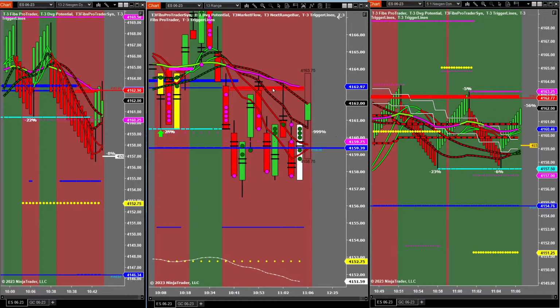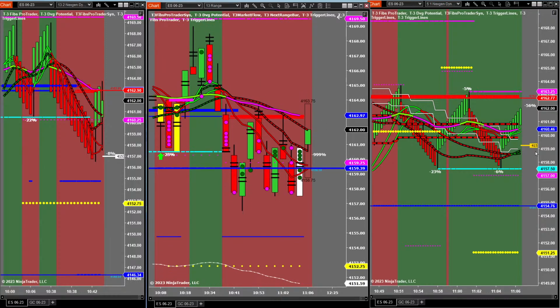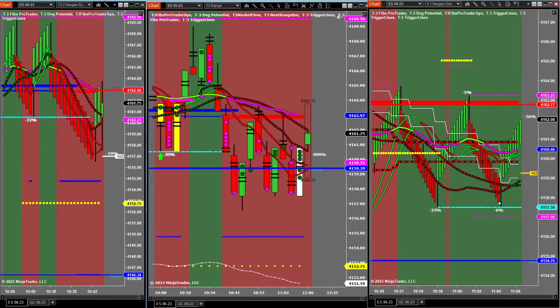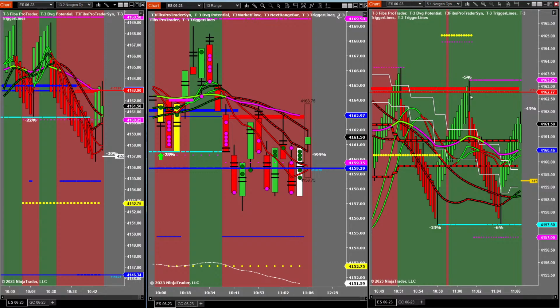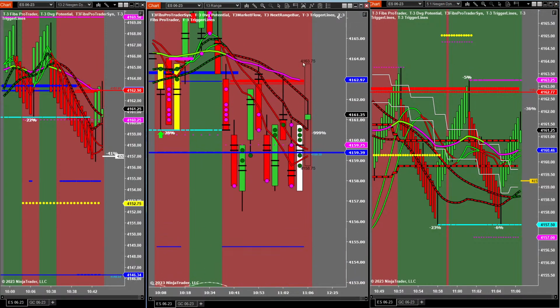Anyway, a good example of them coming back to retest that area. Now, what would change our mind? I think this is enough to change your mind at this point. If you did go short again or you stayed short, you have to really think about it after multiple divergences. We'll watch the 13 chart here and see if they change their mind or if they're going to keep going down.